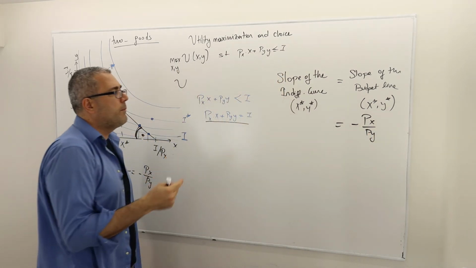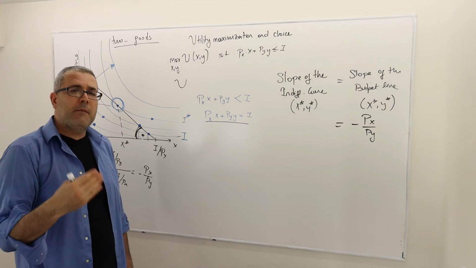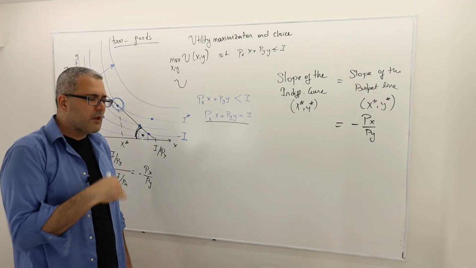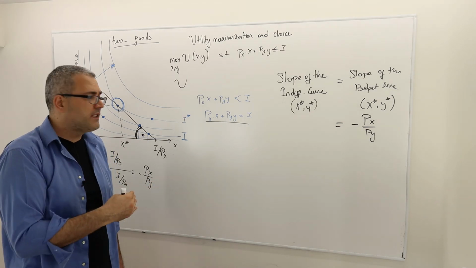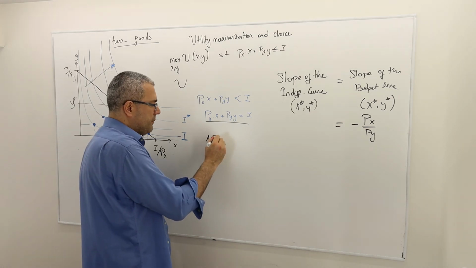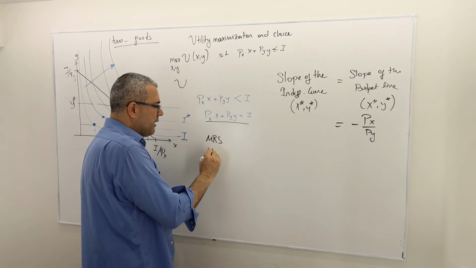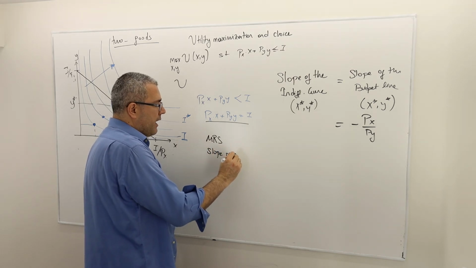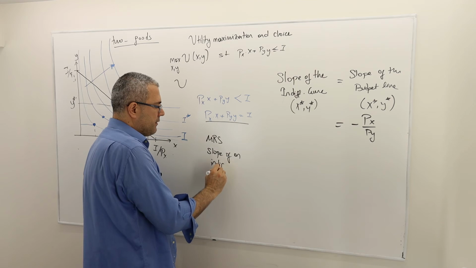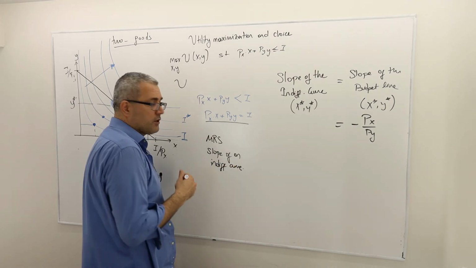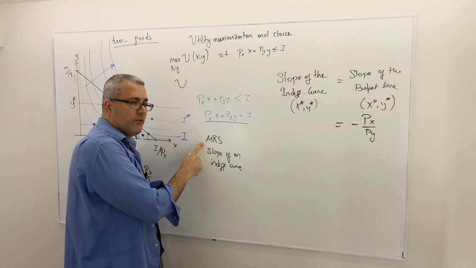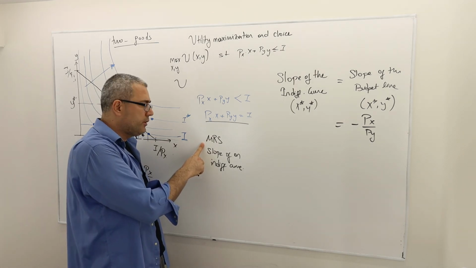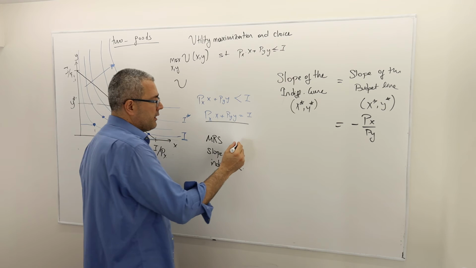Very well. What about the slope of the indifference curve? Remember our arguments in marginal utility, marginal rate of substitution? There we said marginal rate of substitution is nothing but the slope of an indifference curve. All right, that's always true. So if you want to find the slope of an indifference curve, you have to calculate the marginal rate of substitution, which we did in our earlier lecture.